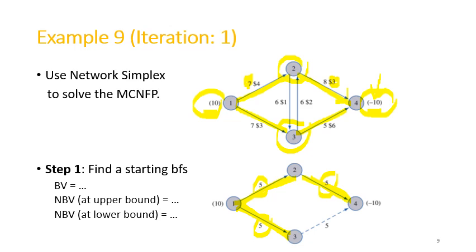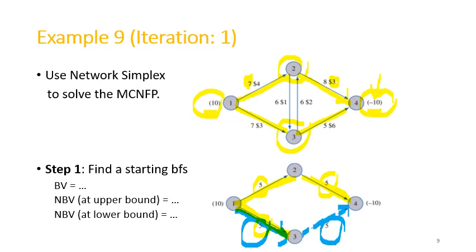To make this flow logical, you send 5 units of flow from 1 to 3. Because the net supply of node 3 equals 0, you need to send out all those 5 units of flow to node 4.